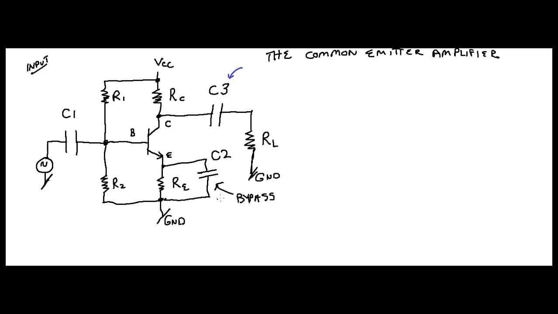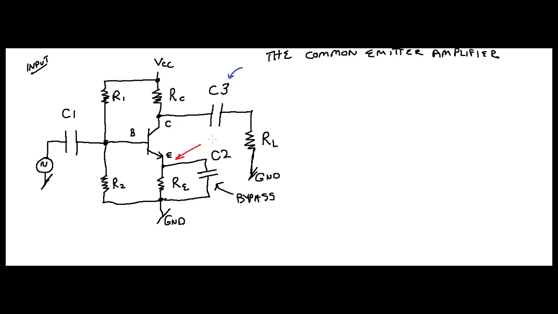Now, what that means is the emitter, right? So when we talk about the emitter, we're talking right here, right? The emitter. The emitter is common to both the input and the output, okay? That's very important to remember, or to know, because they have a common collector amplifier as well, right?